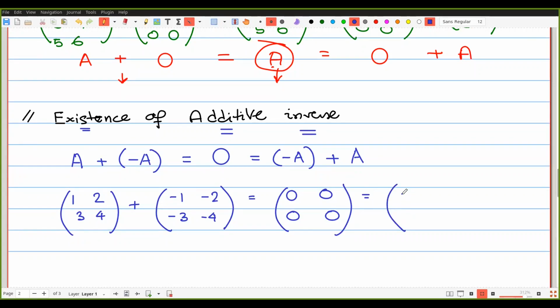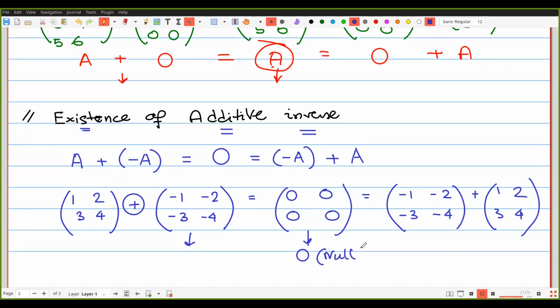Then, if both are the same, that is called the existence of the additive inverse. As the inverse is existing, and that is based on addition, we are getting the null matrix or the zero matrix.